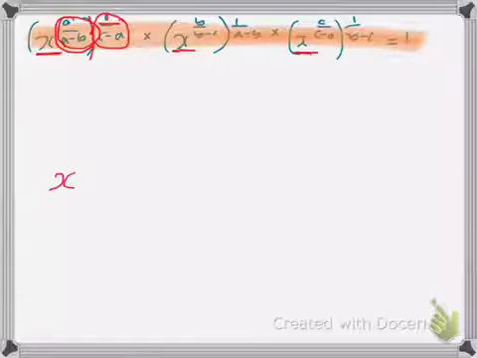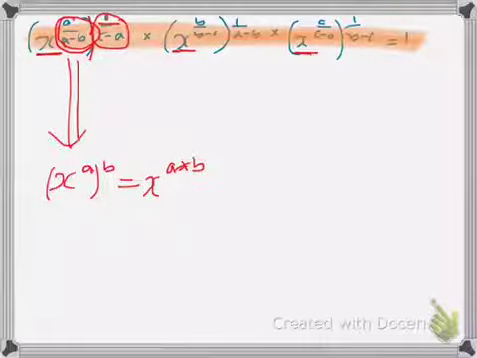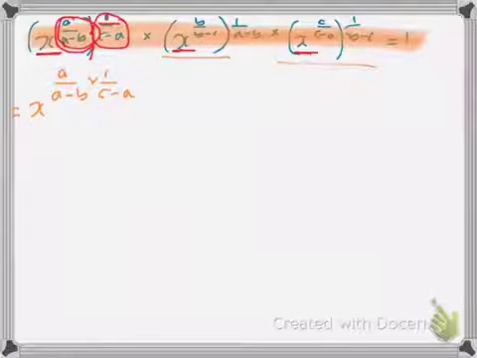And since we know that the first term is in this form, x to the power a times b, so it means x to the power a times b according to the law of indices. So let's write it more clearly, is equal to x to the power a by a minus b times 1 by c minus a. Similarly, we can do it for these terms.